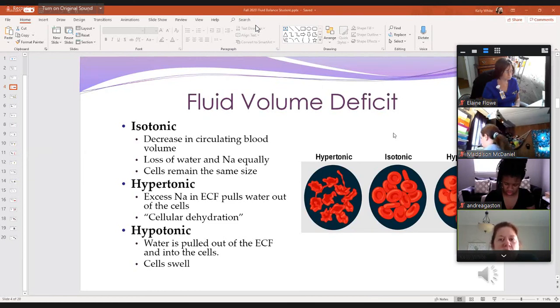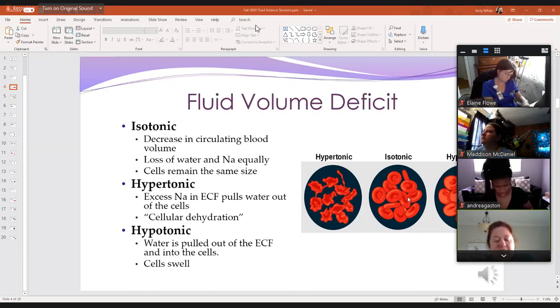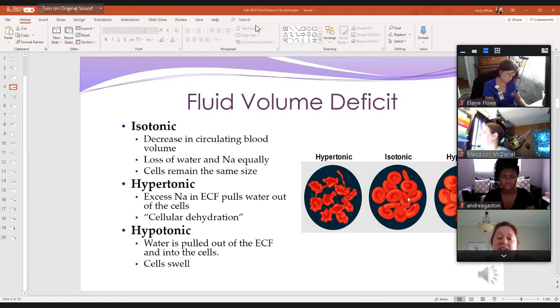All right, so when we're talking about fluid volume deficit, that means that you do not have enough fluid. So with isotonic dehydration, that means that you have a total loss of fluid volume. So the amount of blood or fluid that you have circulating within your system is decreased as a whole. That is why your cells stay the same shape, because you're losing fluid or water and sodium, which is your primary electrolyte in fluid.